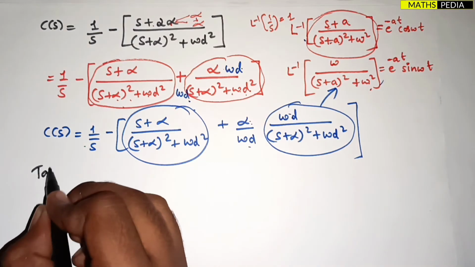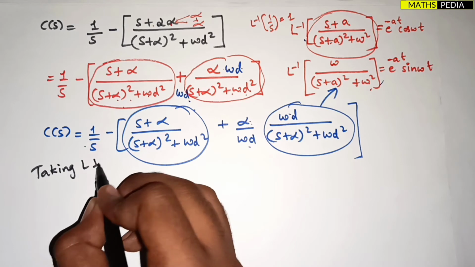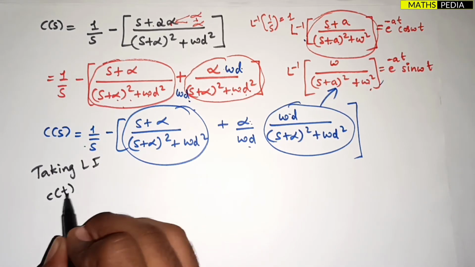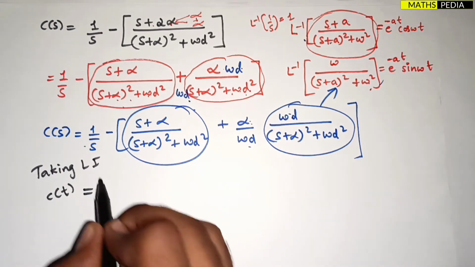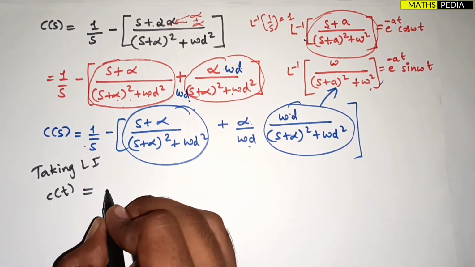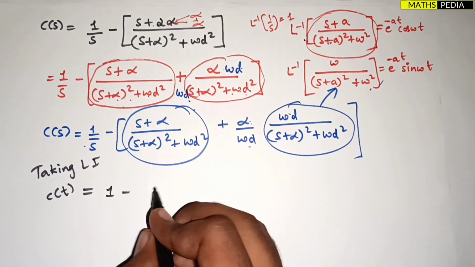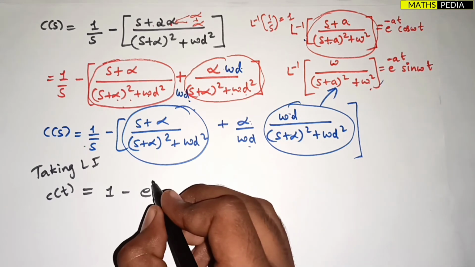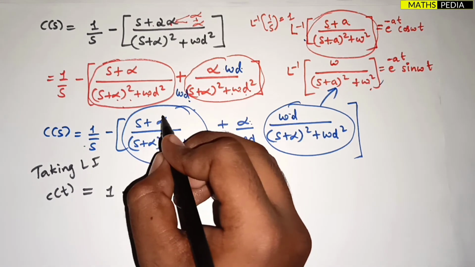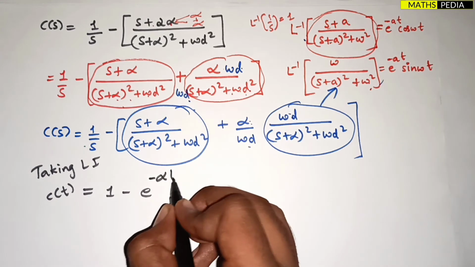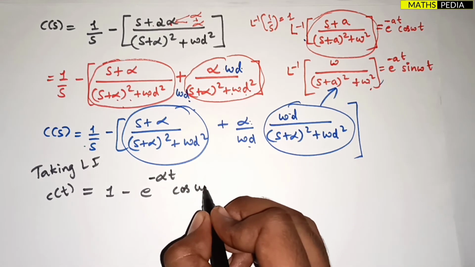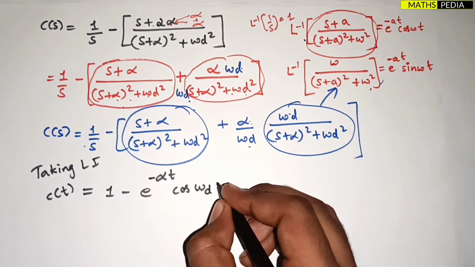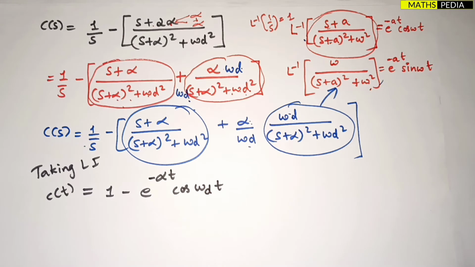So taking Laplace inverse, C of s will become c of t, small c and small t, which is equal to, as I said, Laplace inverse of 1 by s is 1 minus, this is nothing but e power minus at cos omega t. In place of a I have alpha, so e power minus alpha t cos omega d t.